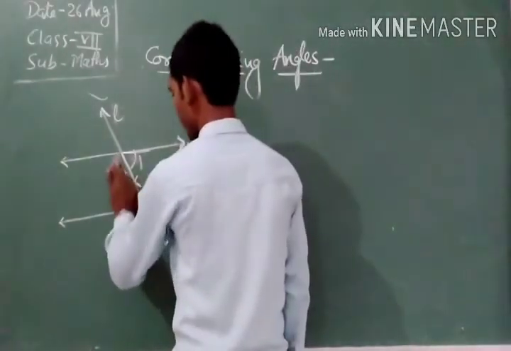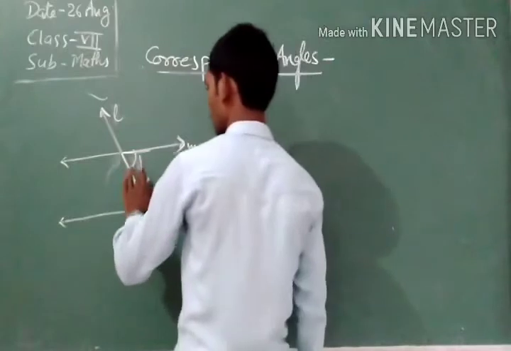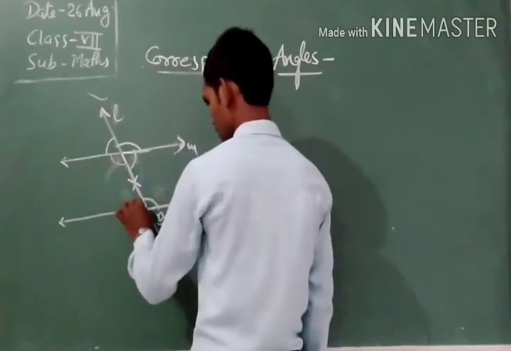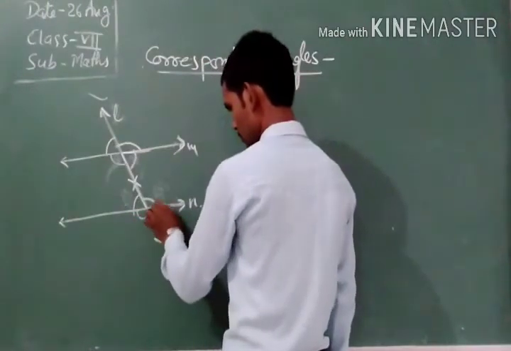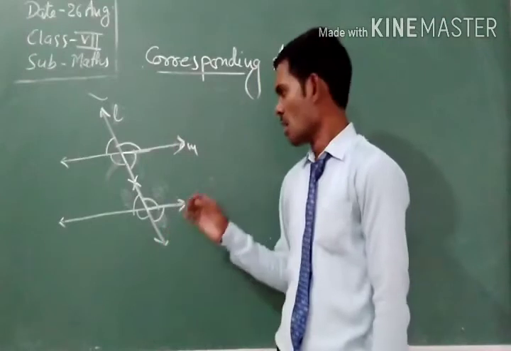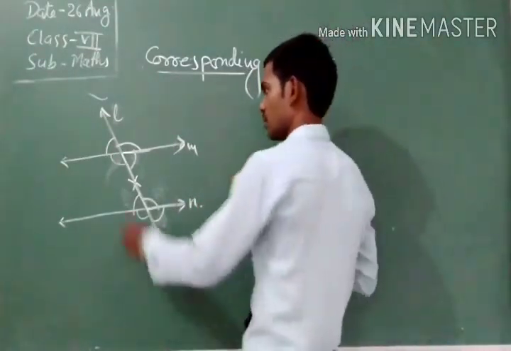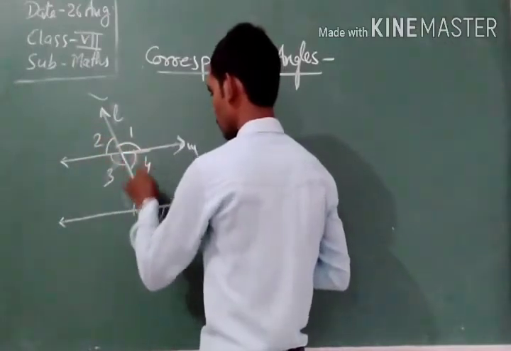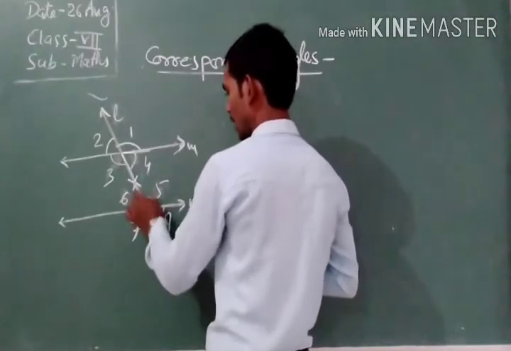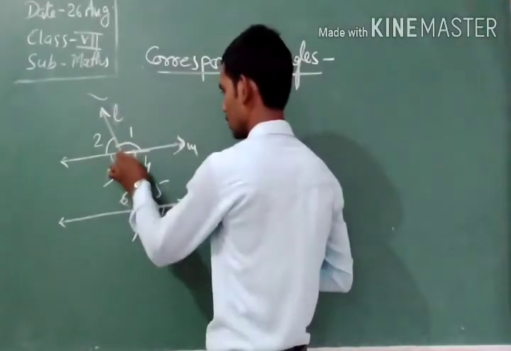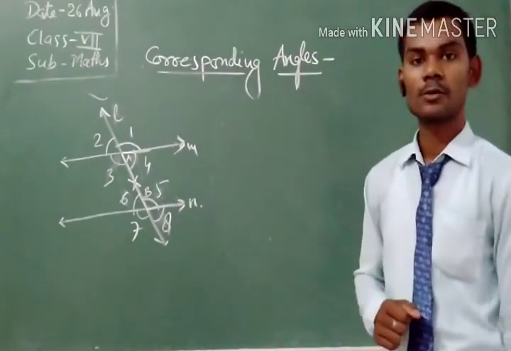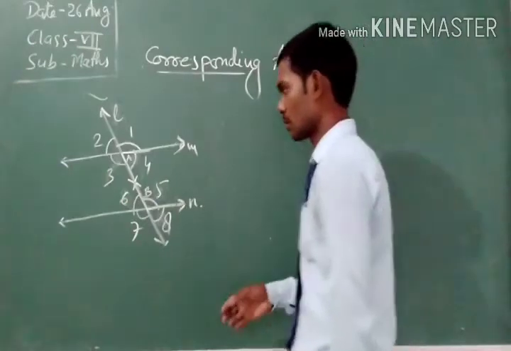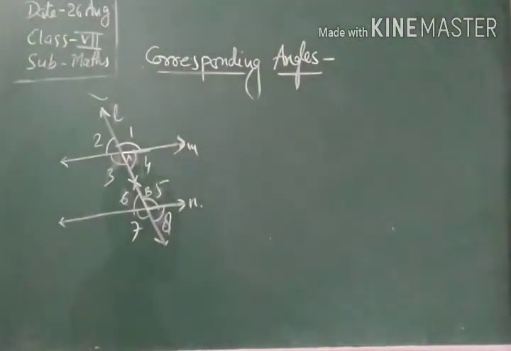In the given figure, we can see that there are four pairs of angles. Here the angles are 1, 2, 3, 4, 5, 6, 7, 8, and this point is B and this point is A. Now let us find out the four pairs of corresponding angles. We can find them very easily.